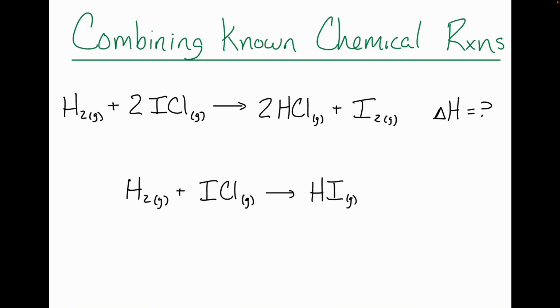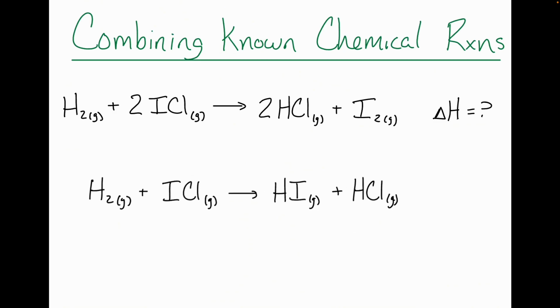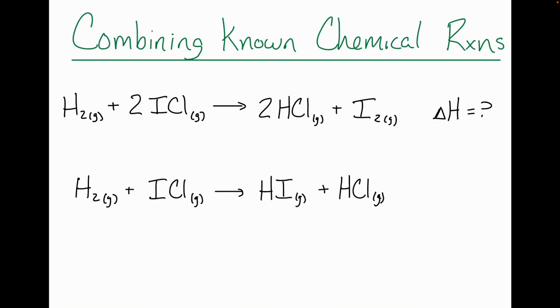This produces HI and HCl. And we've studied this reaction. We performed this reaction in the lab and we took some measurements, and we know the delta H of this reaction is negative 465 kilojoules per mole. All right, so we don't know anything about this top reaction, but we do know the enthalpy change of this bottom reaction here.